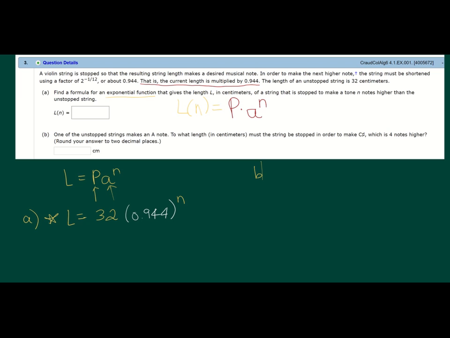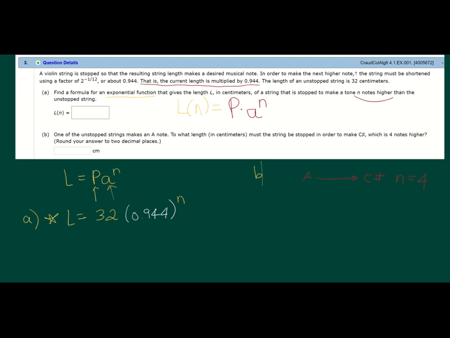Well, without reading the context, you might not realize that n represents the number of notes higher on the string we need to go, okay, in order to make this new note. So to go from an A all the way up to a C sharp, we have to go up 4 notes.